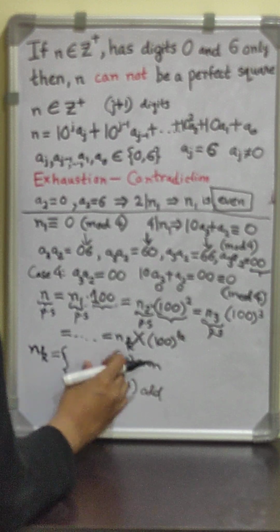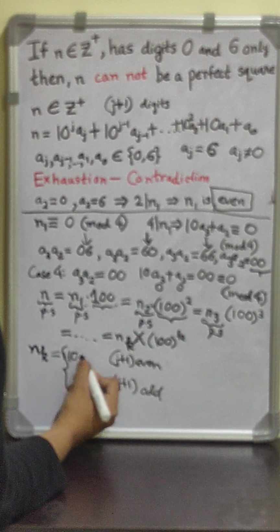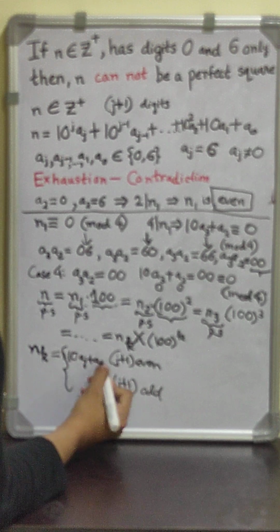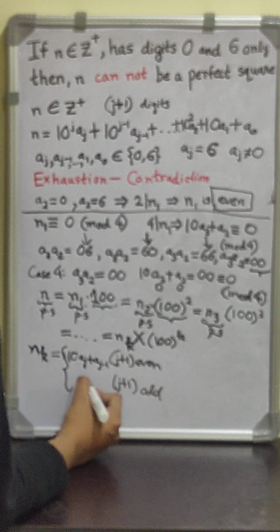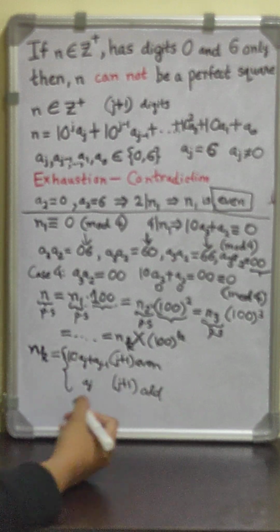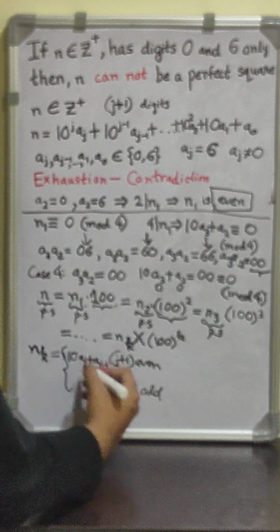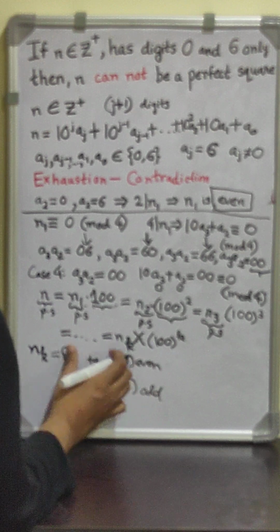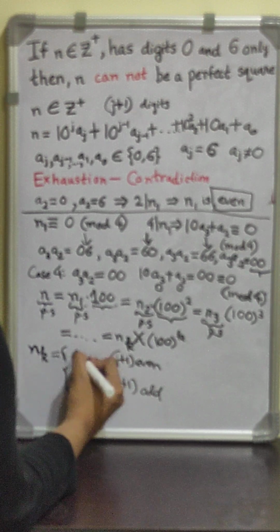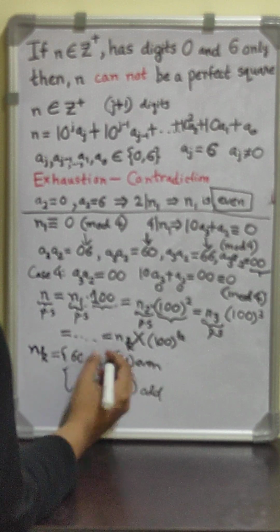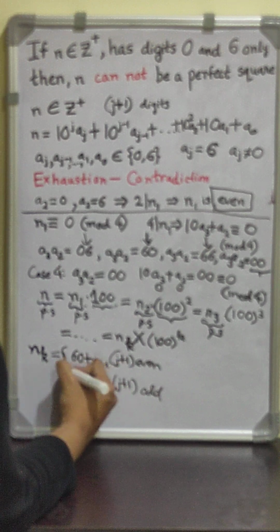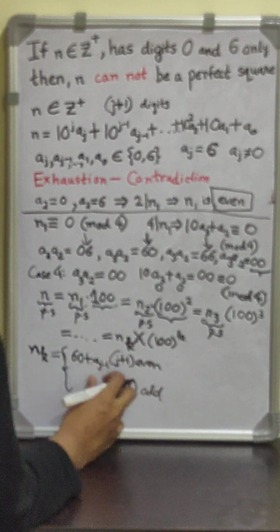We are getting there. You can almost feel it, right? Either this or this. And once again, since this is 6, it's either 60 plus something or just 6.